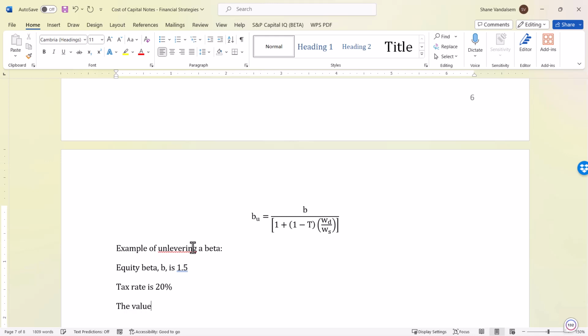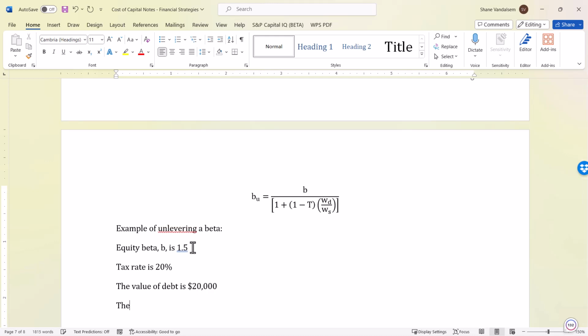The value of debt, and this is going to be the interest-bearing debt for the firm, is, we'll say, 20,000, and the market value of equity, or that market capitalization, is, actually, I'll use a different number there, 60,000.